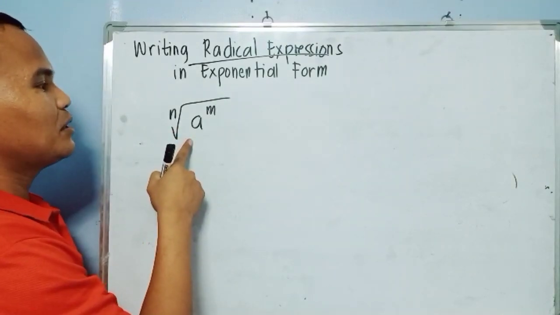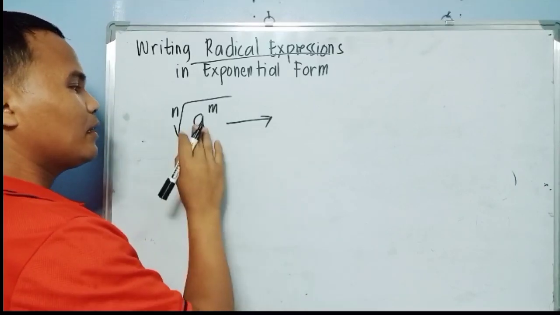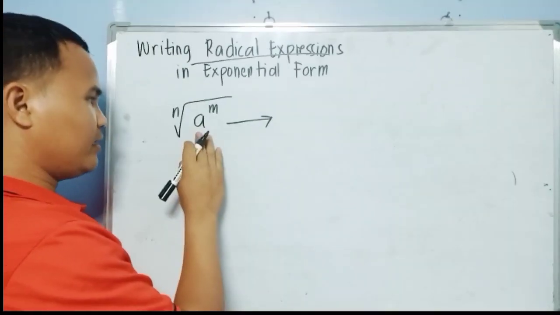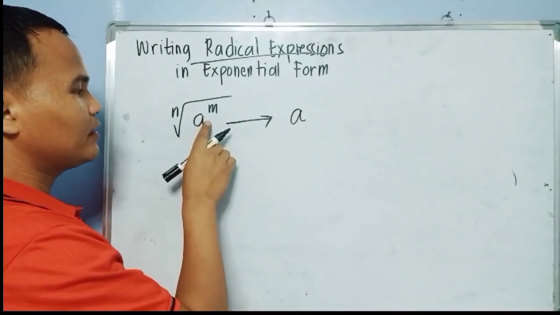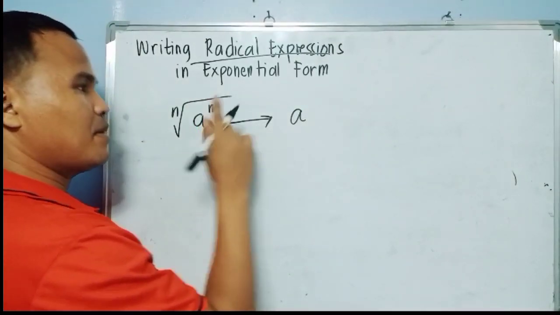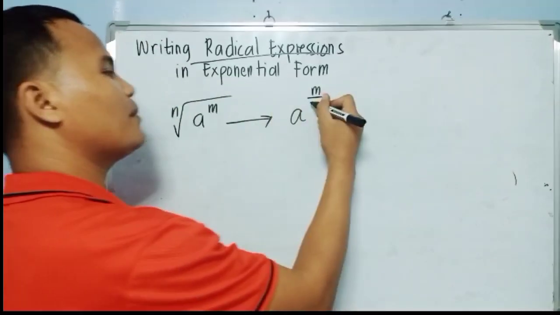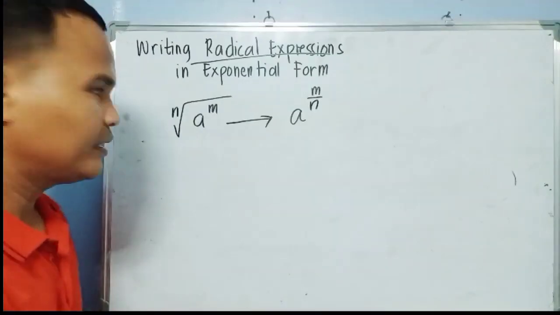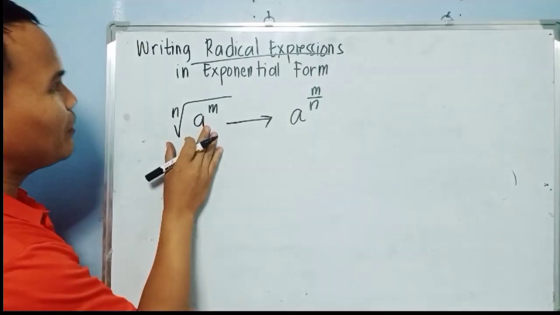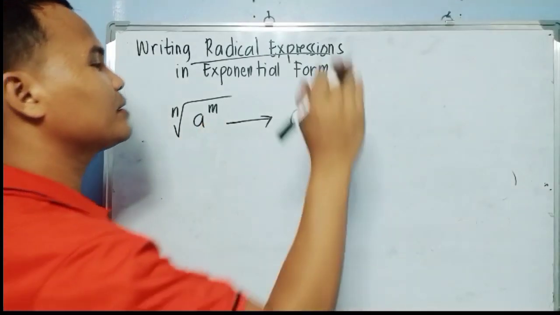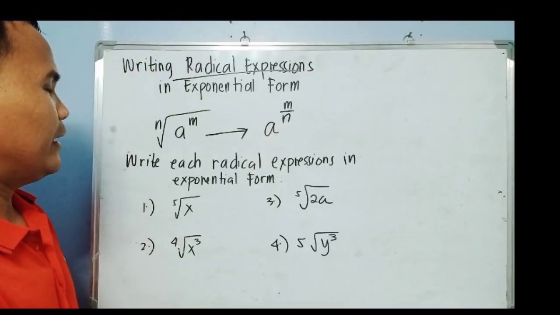If we want to express this into exponential form, our radicand is a, so our base should be a. Then the exponent of our radicand is m, so our numerator is m over the denominator n. So this is now exponential form, from radical expression into exponential expression or form.